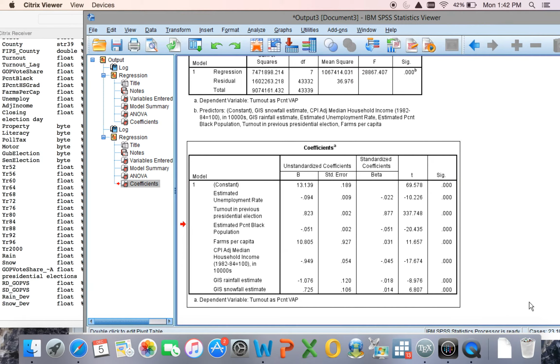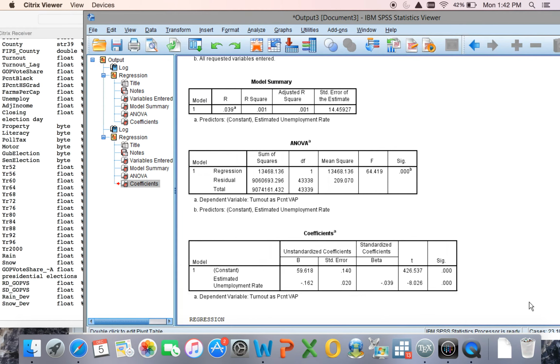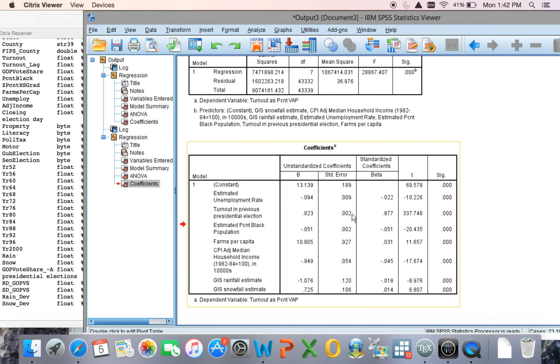Remember, we had a coefficient on the unemployment rate in the first model of negative 0.162. It was significant. When we add in the other variables, it changes. It gets a little bit lower to a negative 0.094, lower meaning closer to 0, or a lower effect. So now you would say, on average, ceteris paribus.